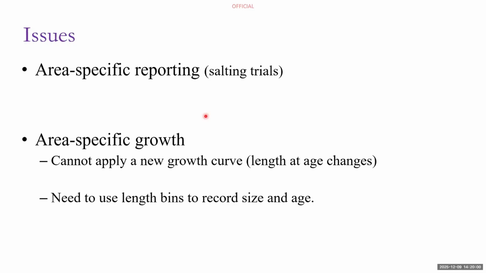And when you're growing animals using growth curves, like in SS3, as an animal gets to a faster grower region, its age and length no longer line up with the growth curve, so it makes it very difficult to use them to change growth of the animal as it moves through the fishery, which is quite important for us in lobsters to account for. So that's the reason we stick with length bins, size transition matrices, and tracking age through that.